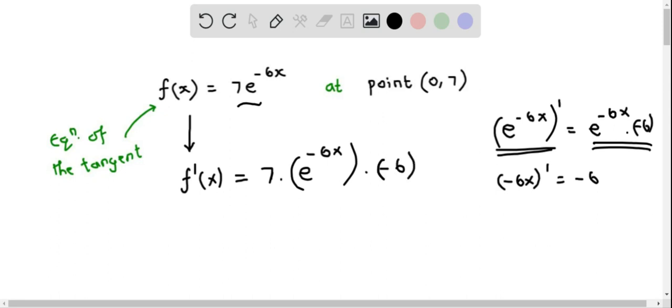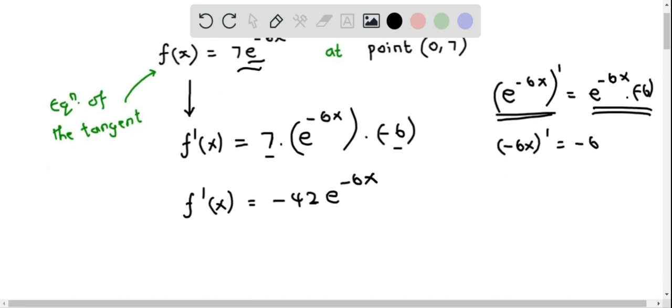And this simplifies to f prime of x equals 7 times negative 6, which is negative 42, and then I put e raised to the power of negative 6x. So basically, this is the expression for the slope of the curve.